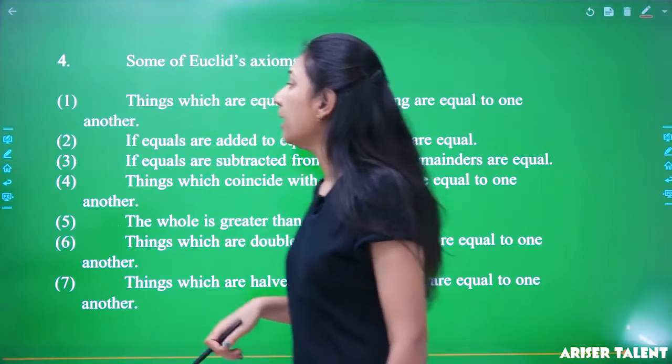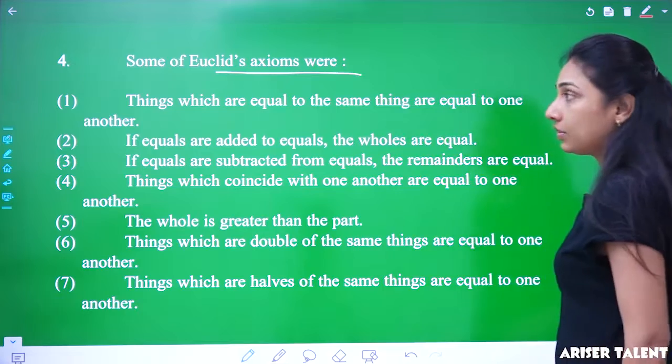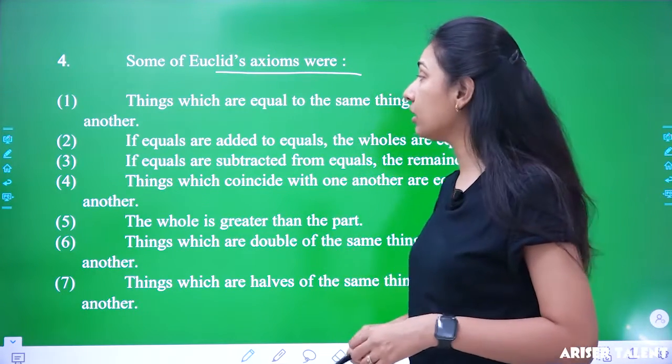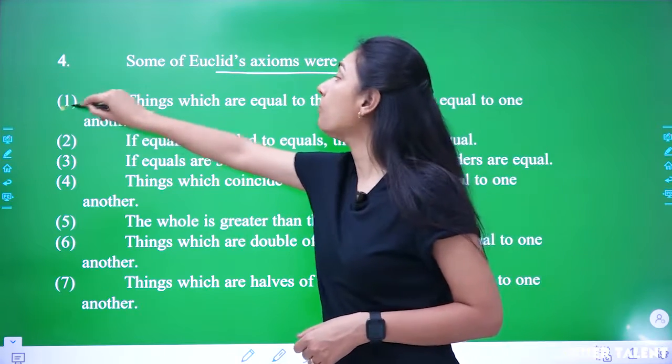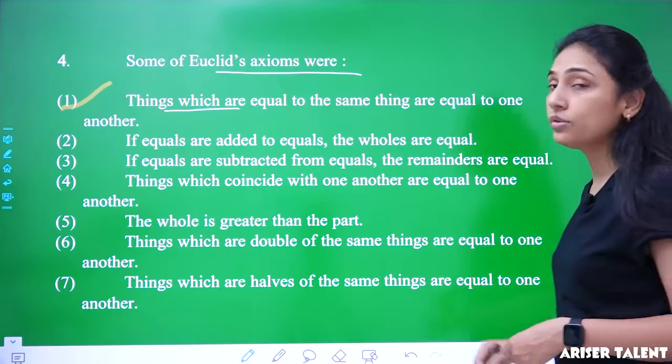Next, in the next point we had Euclid's axioms. I have told you, these are of very great importance. The first one was, things which are equal to the same thing are equal to one another.